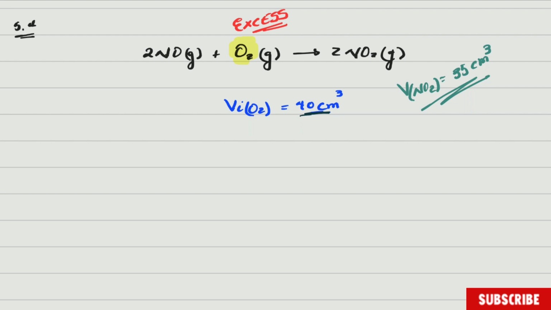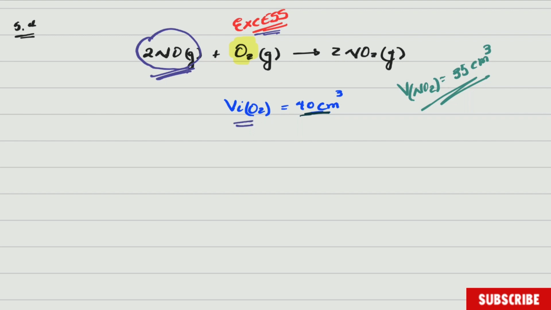Now note the following. In the case of the nitrogen monoxide, it was completely used, guys. It is completely used because the oxygen is in excess. So at the end of the reaction, there is no nitrogen monoxide left inside the container. At the end, you only have the product produced, all the nitrogen dioxide, and some leftovers from the oxygen.